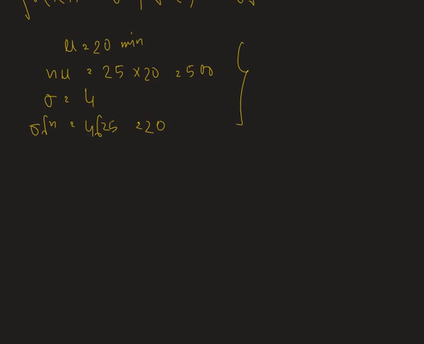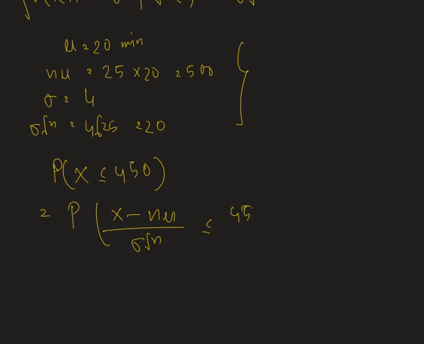Now using this information, we can get the probability that X is less than or equal to 450 by subtracting n mu from X and dividing the whole thing by sigma root n. On the right side, we do the same thing.